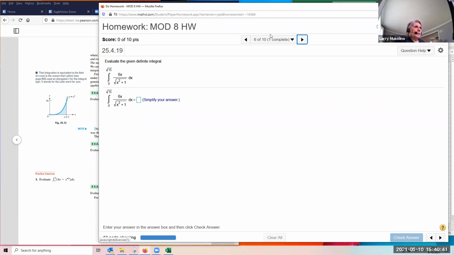So here's what I'm going to do to get started. The first thing I want to do is get rid of square roots. Remember, when you have the square root of a quantity, you can always write it as the quantity to the 1/2. So I'm going to take the square root that's in the denominator and write it with an exponent 1/2.